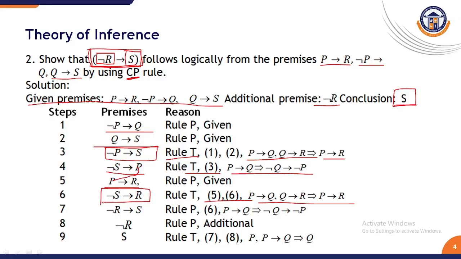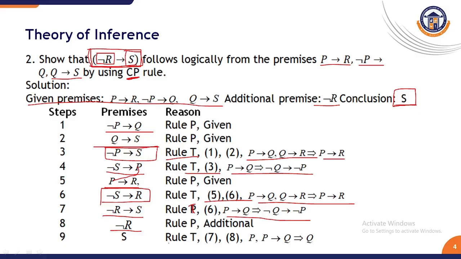Again, apply the rule T for step 6. It is the contrapositive rule. P implies Q is equivalent to negation Q implies negation P. Therefore, negation S implies R is equivalent to negation R implies S. Now, finally use the additional premise as rule P. Negation R is used here.